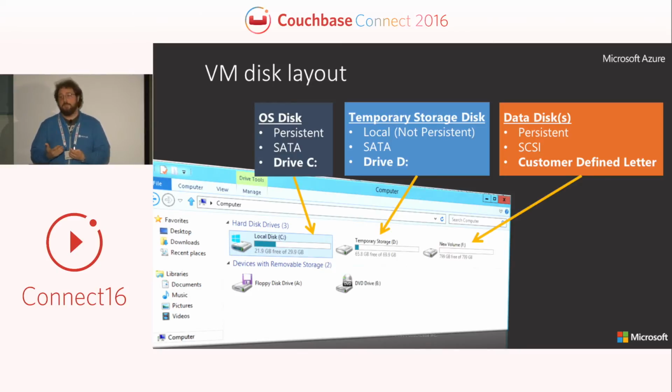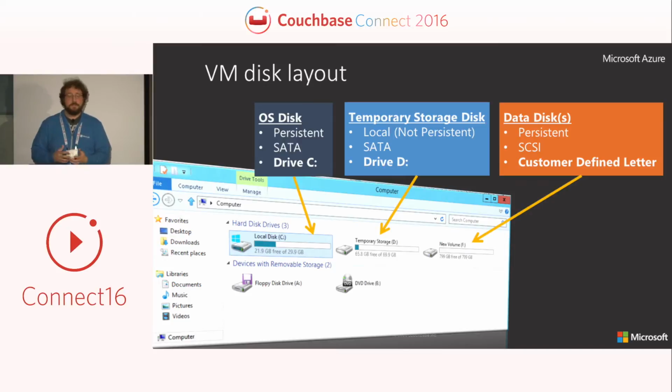For example, we have VM options with an SSD-based temp drive. But if you lose that VM, you're going to lose the content of that drive. But depending on the scenario you're running your VM, and you may be running Couchbase, you may end up using this disk, for example.